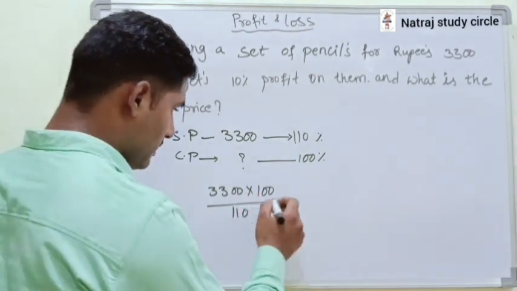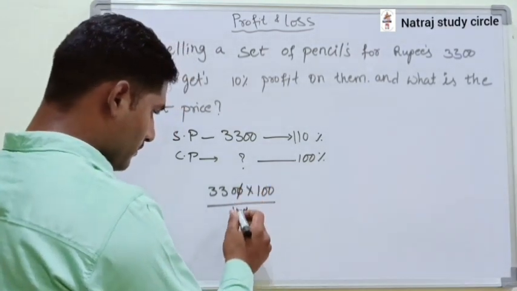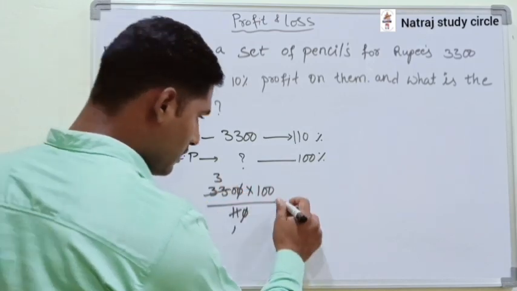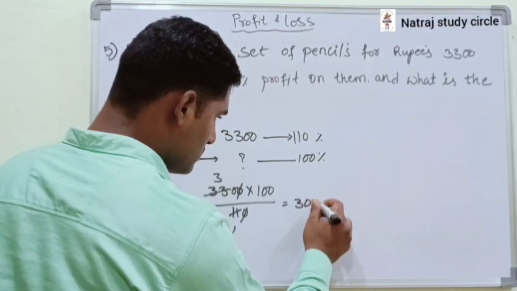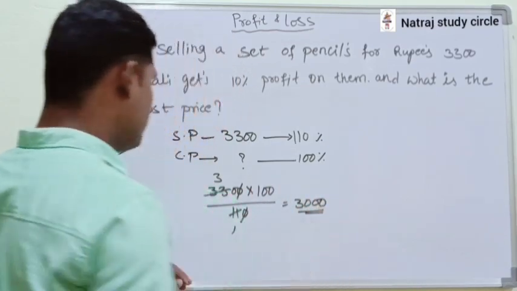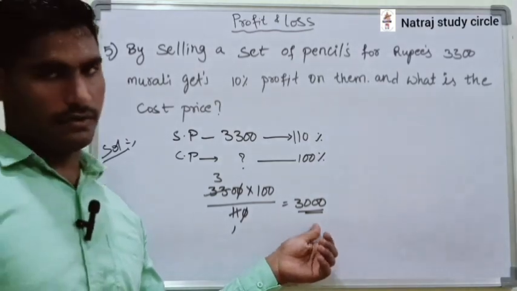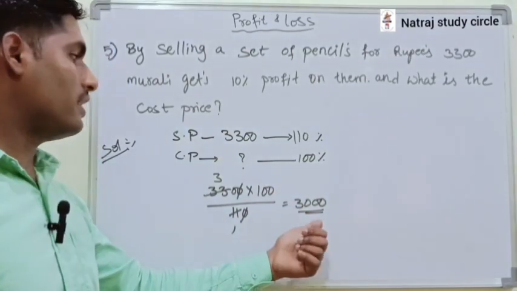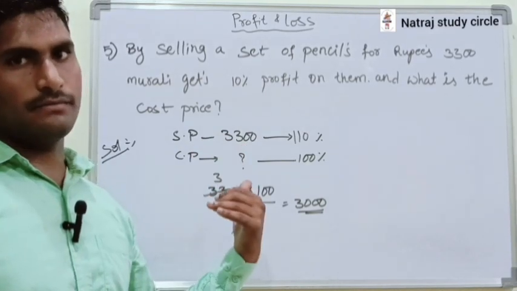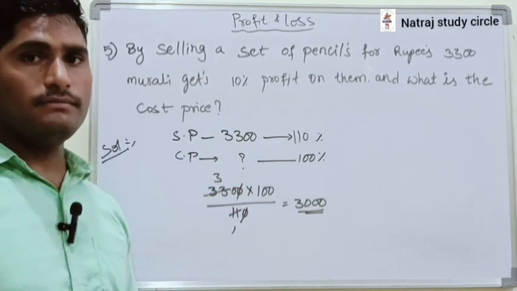Okay, 110. 0 0, 11 ones, 11 threes. Okay, 3 0 0 0, 3 0 0 0. Here the cost price is 3000. So he bought them for 3000 and sold them for 3300 rupees. Okay, is it clear?